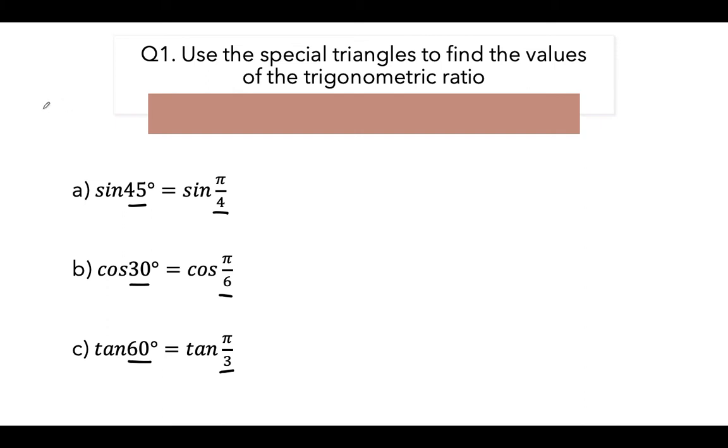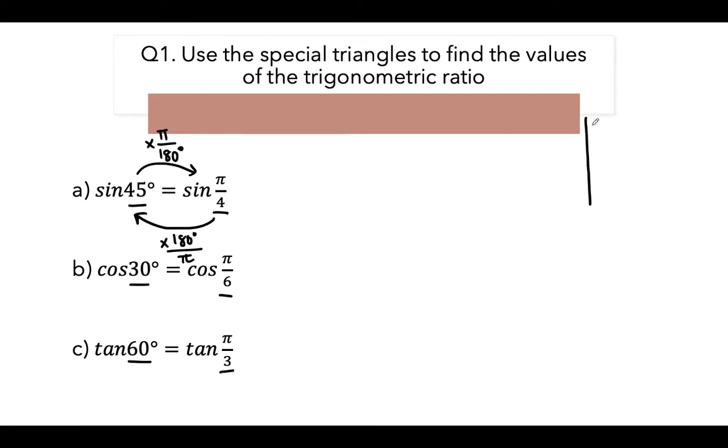Again, keep in mind, to go from degree to radian, you multiply by pi over 180 degrees. But if I'm going from radian to degree, then you multiply by 180 over pi.